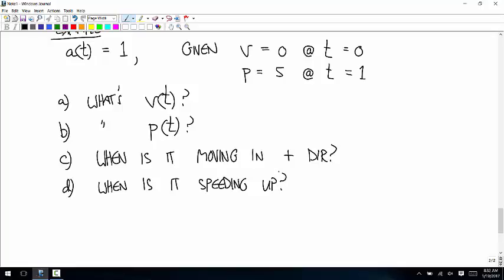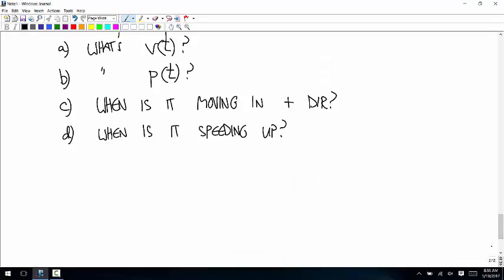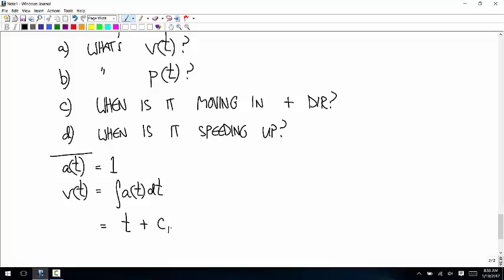Okay, back to the board. So we have that the acceleration function is equal to 1. The velocity is the integral of that acceleration function with respect to time. And so that's equal to t plus, I'll call it c1, some constant.